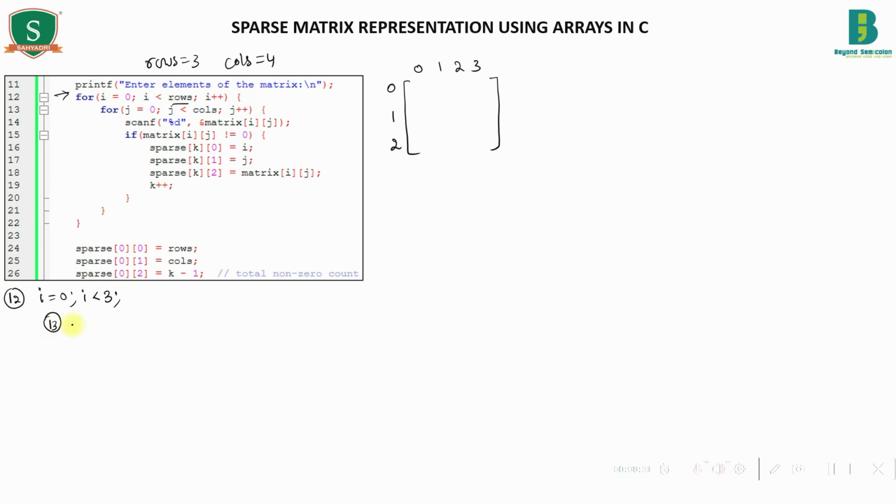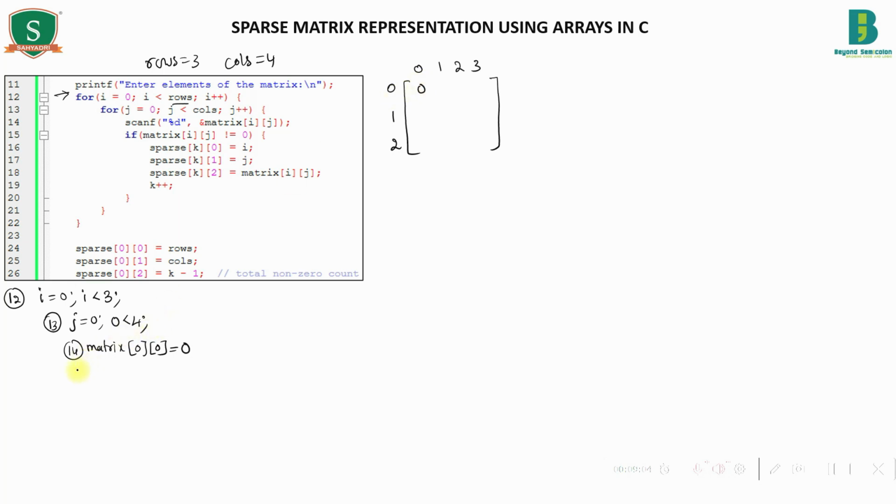In the 13th line, for j equal to 0, 0 less than 4, where 4 is the column count. Next, scanf takes input from the user and assigns it to matrix of i comma j. The i value is 0, the j value is also 0. Let us consider we are assigning the value 0 here. So at 0 comma 0, 0 is assigned.